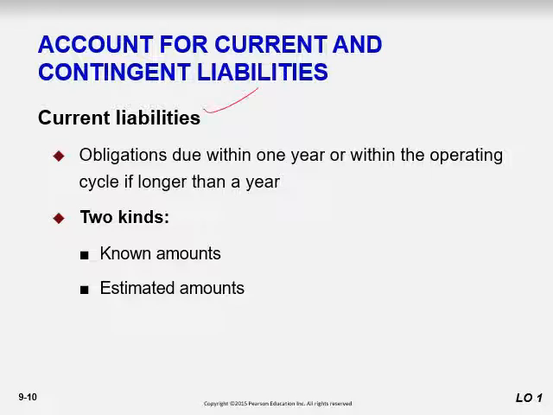Number one is current liabilities. That is a liability that you have to pay within 1 year or its operating cycle. There are two kinds of current liabilities: current liabilities with known amounts, and current liabilities with estimated amounts. So let's talk about that.